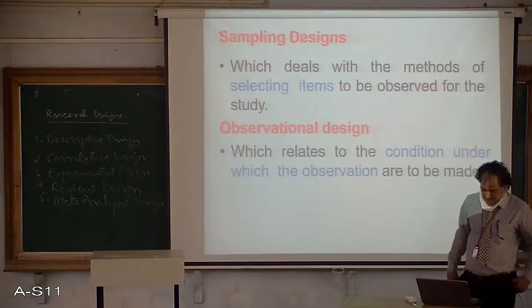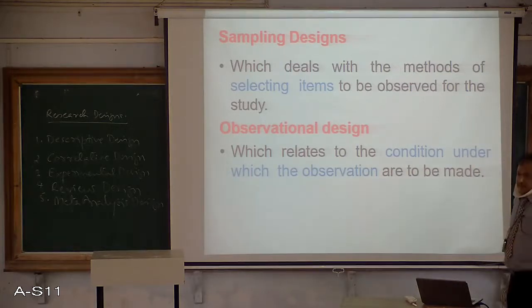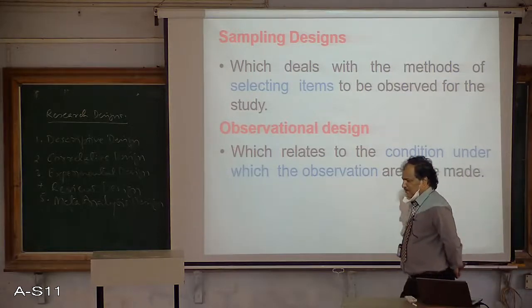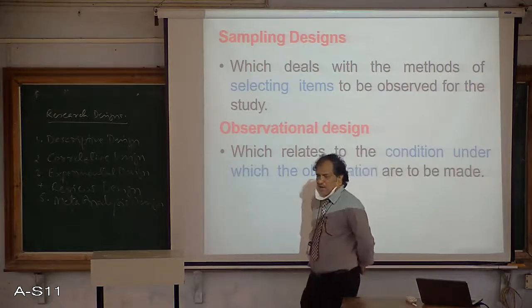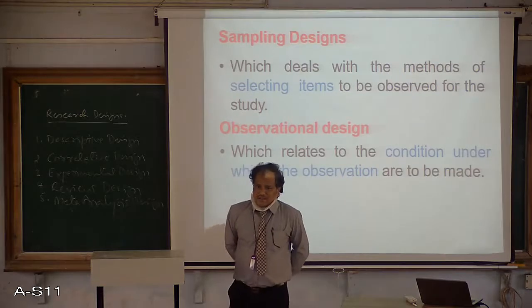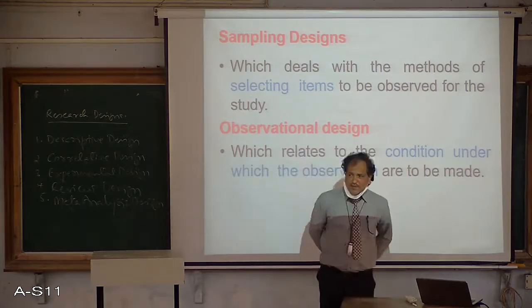The first one is sampling design. Sampling design deals with the methods of selecting items. So in a given problem, there will be a lot of samples available, and the entire set of samples or the entire data set is called the population.